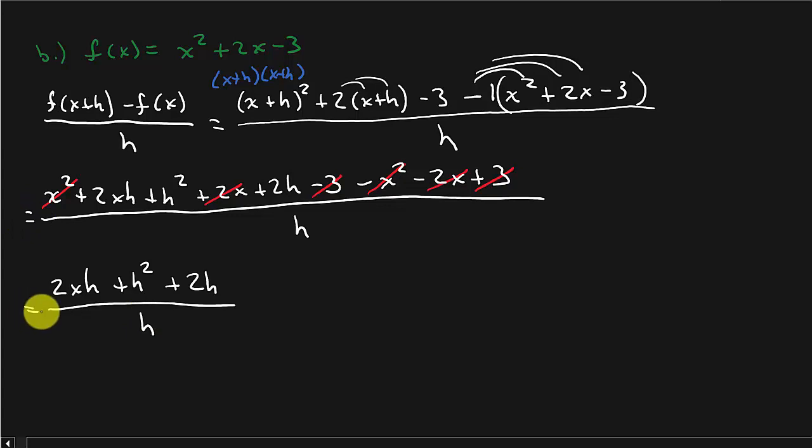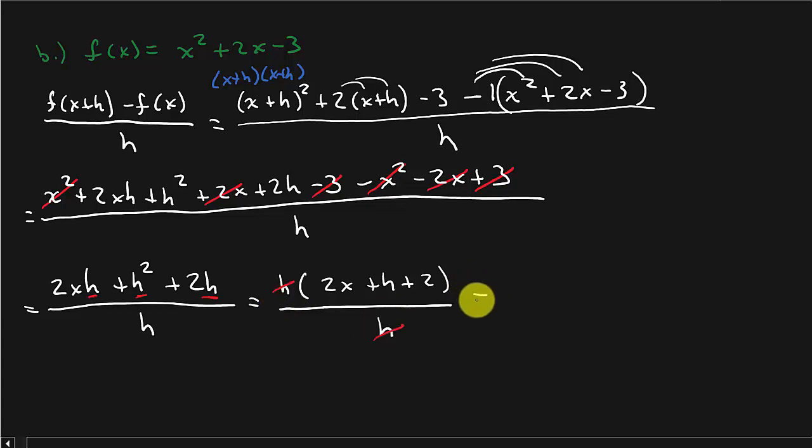Remember what I said, when you're simplifying this thing, you want to get that h out of the denominator. So you can see here how I have a common factor of h. I can factor that out. So that's h times 2x plus h plus 2, all that over h. And then the h's cancel out, and so I'm left with 2x plus h plus 2.